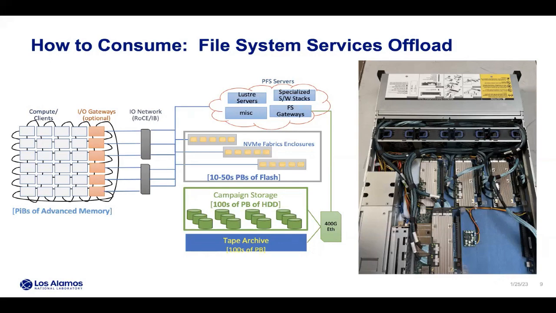We can start exploring higher protection schemes if that's something we're interested in the future, so that regenerating parity doesn't cost us as much by forcing the CPU to do it. We expect higher per server and per device bandwidth, getting back to that efficiency notion I mentioned before. And because we're decoupling the media and the storage servers, we can buy fewer servers and really impedance match the number of servers to the available bandwidth of the media.